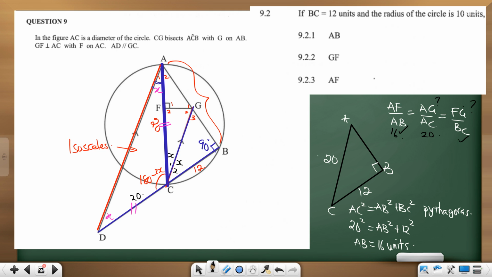But you know what I can do is, okay, wait, guys. I can actually get AG and wait, okay, check my ratios, right? What is missing? What will help me? If I get AG, then I can work out FG.